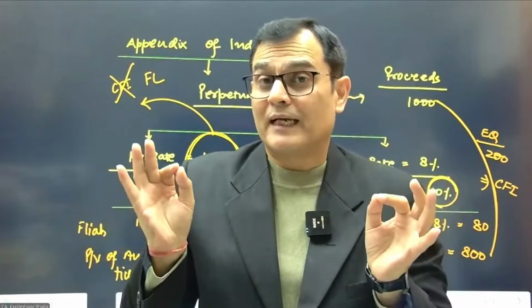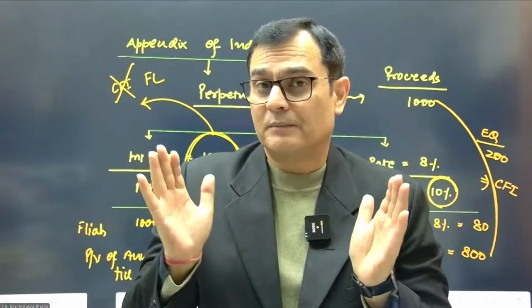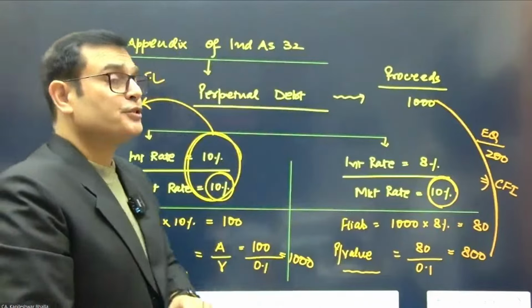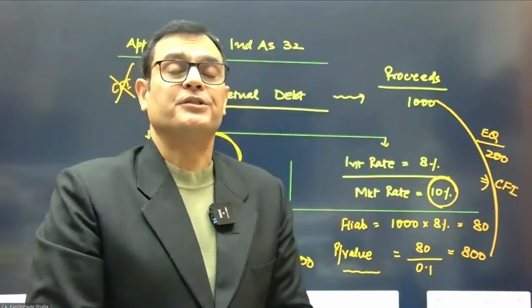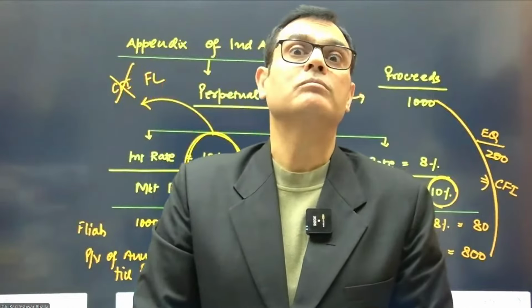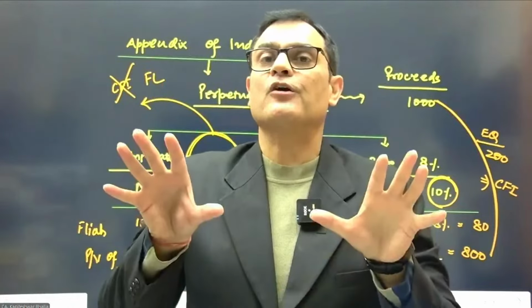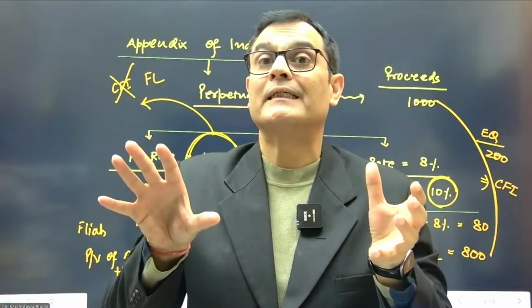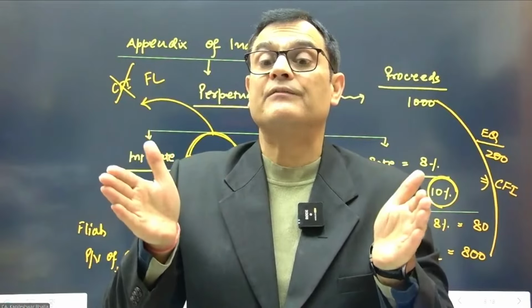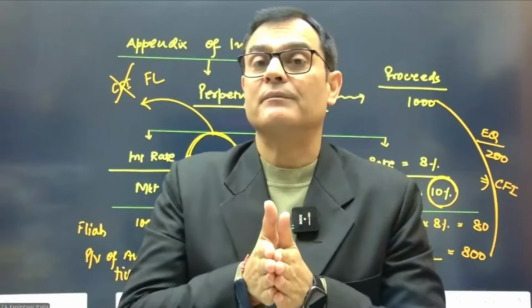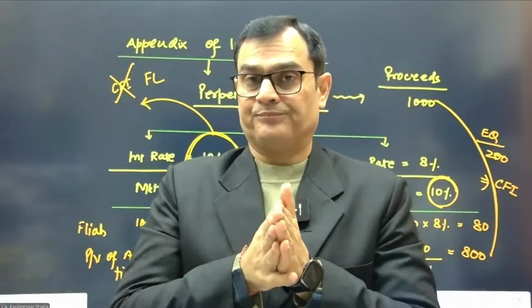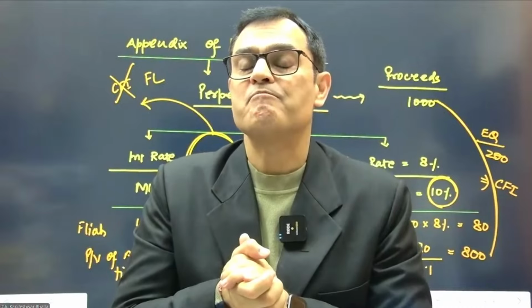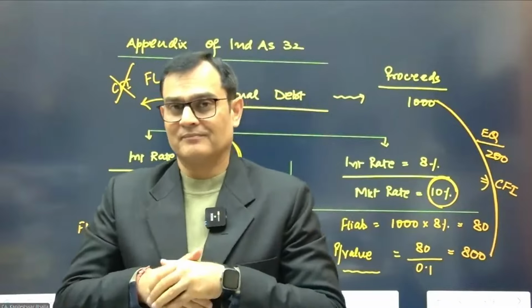But before I consolidate my discussions, let me make one thing clear. Never ever consider a perpetual debt to be a CFI outrightly. In case of a perpetual debt, you need to see what the interest rate is and what the market rate is. If the interest rate and market rate are the same, it's a financial liability. If the interest rate is less than the market rate of interest, it is a compound financial instrument.